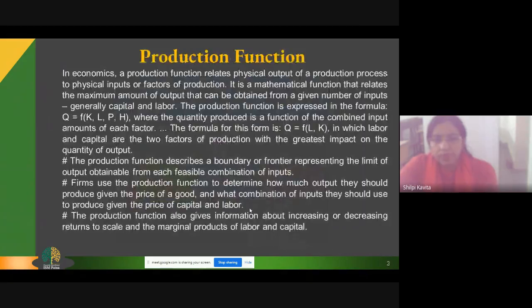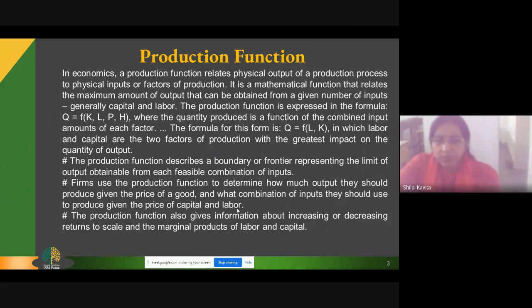Production function relates the physical output of a production process to physical inputs or factors of production, and it is a mathematical function that relates the maximum amount of output that can be obtained from a given number of inputs. Generally, for easy description, capital and labor are taken into consideration, though other factors of production are equally important.